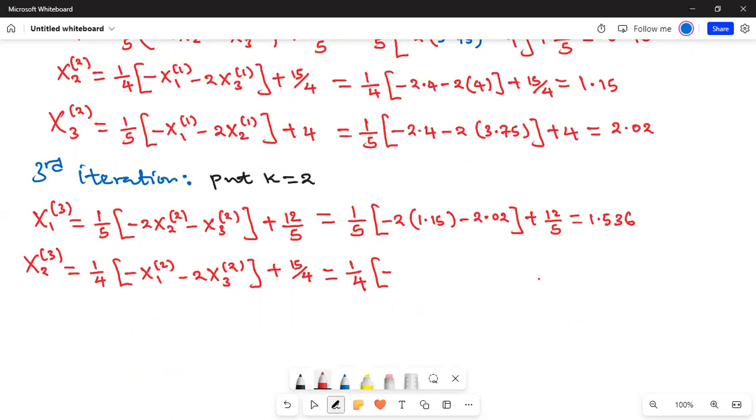We got, was it 1.10, 0.10, not 1. So that is 0.10, x3 at level 2, 2.02 plus 15 over 4. When you press this, you need to get 2.715.